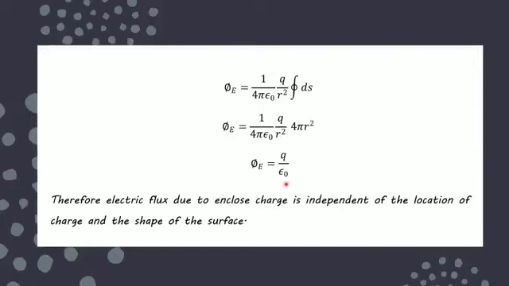If supposedly I am not keeping the charge in air or vacuum, I am keeping it in some medium, then epsilon naught will be replaced by epsilon, and of course epsilon equals epsilon naught epsilon r. Relative permittivity will always be given.